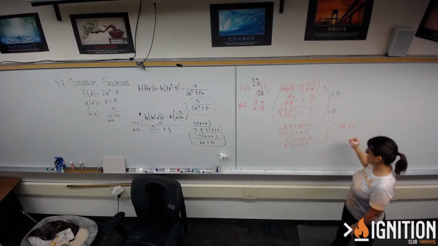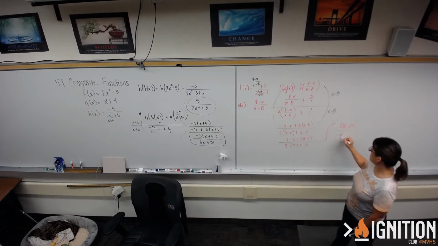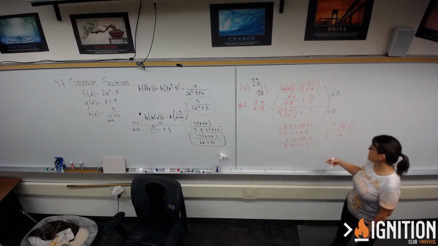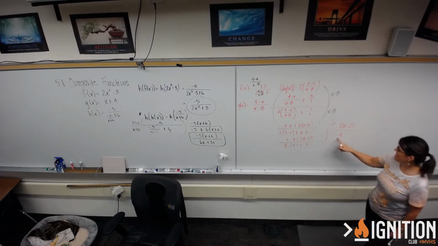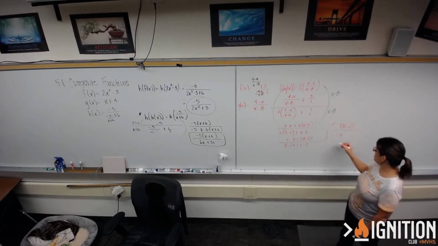Yeah. This is going to be negative x. 8 minus 8 is 0. Icky. Put it in the numerator. Negative 2x plus 20 over x.